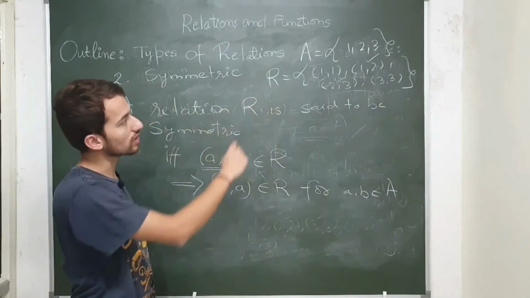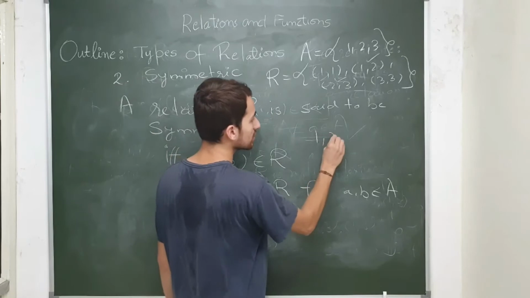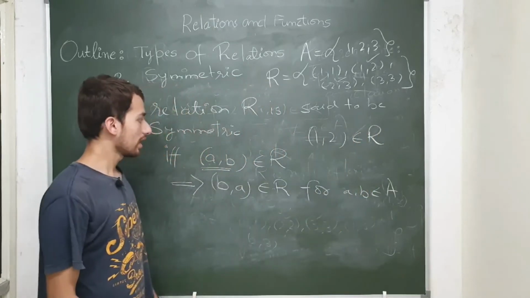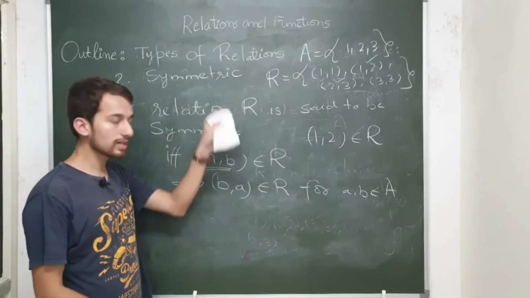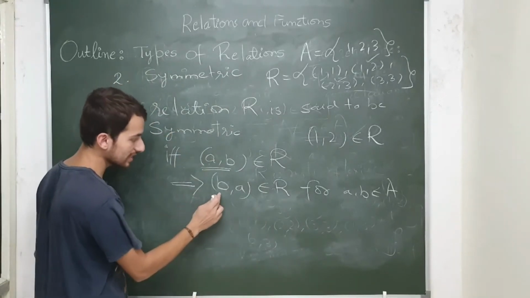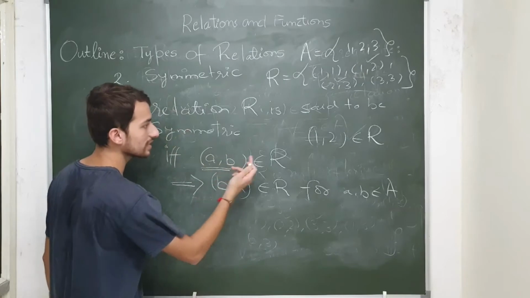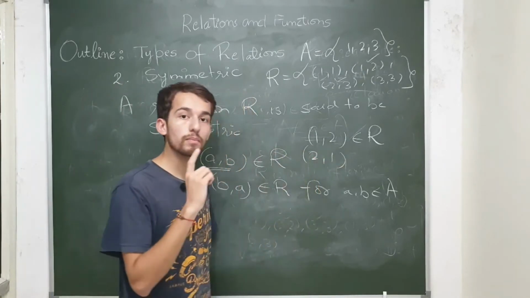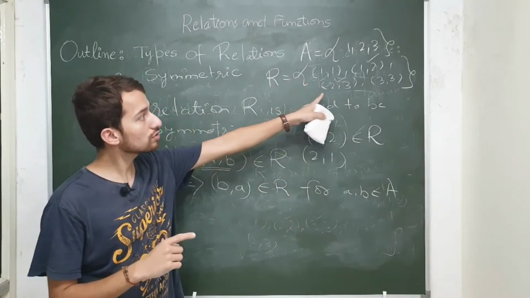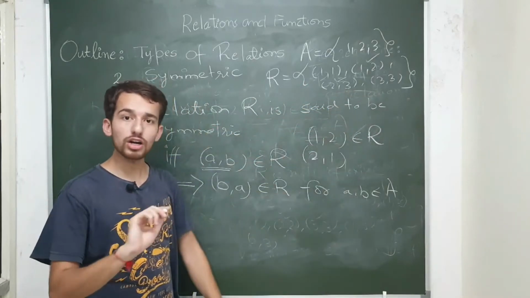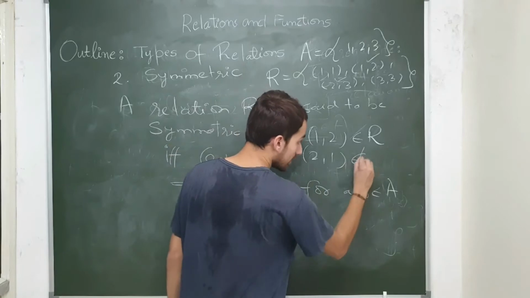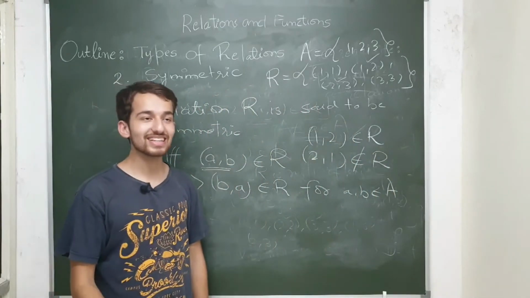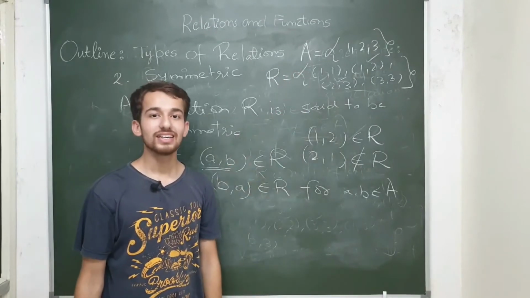Now choose the first one, (1,2). Since (1,2) belongs to this relation R, for R to be symmetric the definition says that (B, A), that is (2,1), should also belong to this relation R. But if you see here, (2,1) is not present. (2,1) does not belong to R. So that's why from here we can say this relation R again is not symmetric.